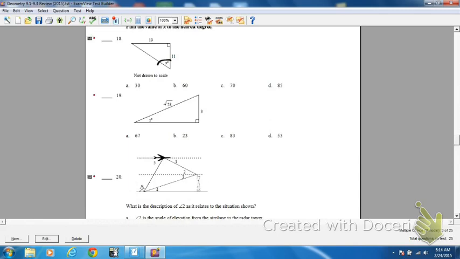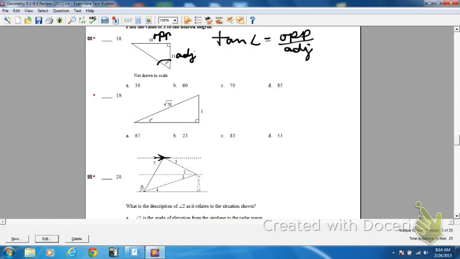Again, we're finding an angle. This time we have opposite and adjacent. So you're going to use tangent of an angle. And when you go to find angle x, you're going to use inverse tangent.